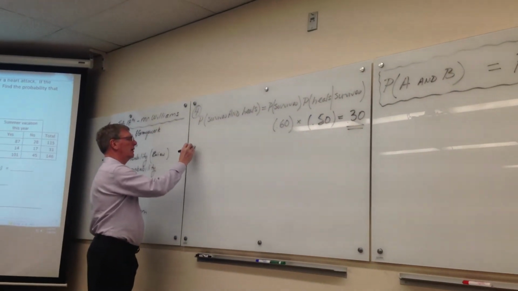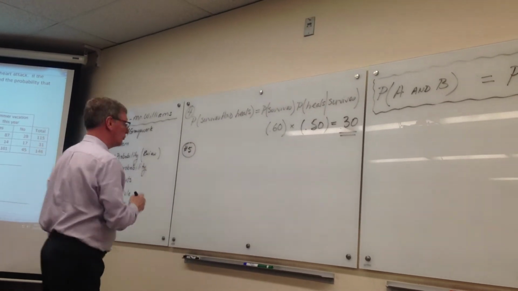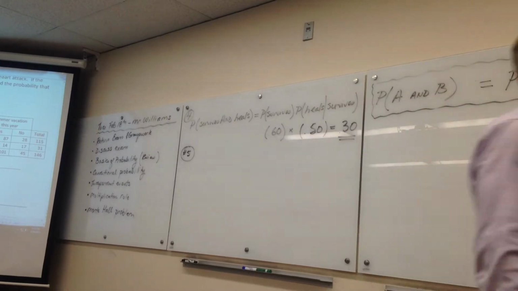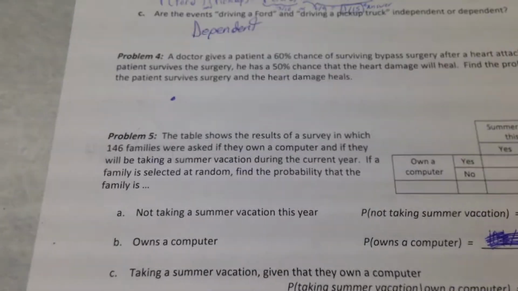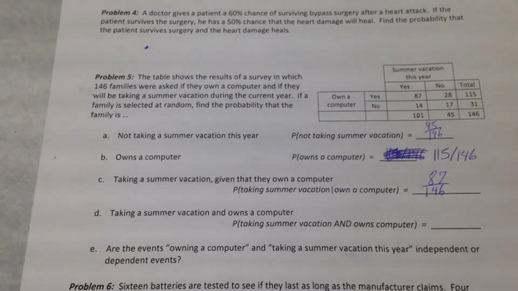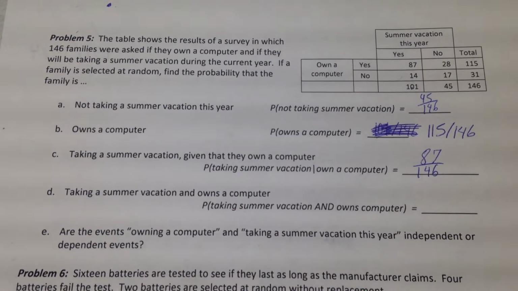All right, number 5. Help me out on number 5. Let me scroll down a little bit. This is back to a table like we did before. You've got 146 families, we select one at random.